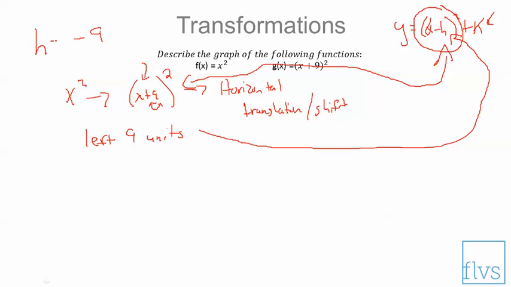So my h value actually was negative 9, meaning I went 9 to the left. A great way to remember that, as a kind of memory trick, is that when it comes to horizontal, it's always the opposite of what you would naturally think. You see plus 9, you think horizontal, you think, oh, I'm going to go to the right. Well, you're not. You're going to do the opposite of what you think. So you're actually going to go to the left 9 units. So be very careful. It's a very common mistake.